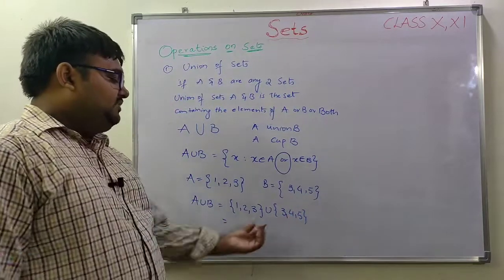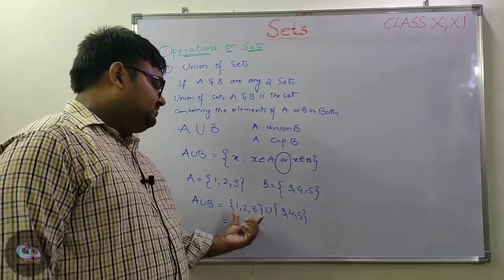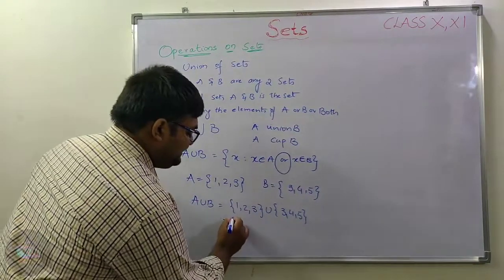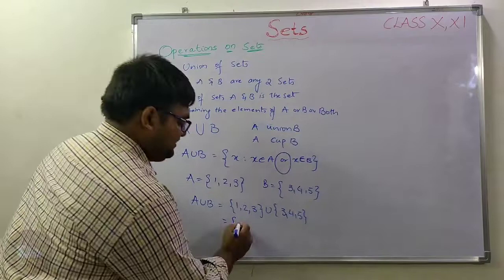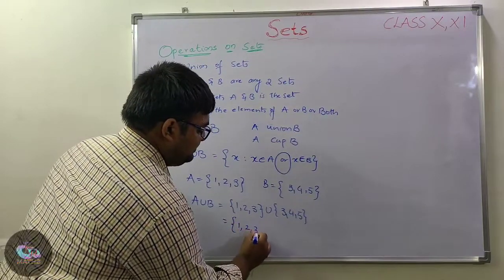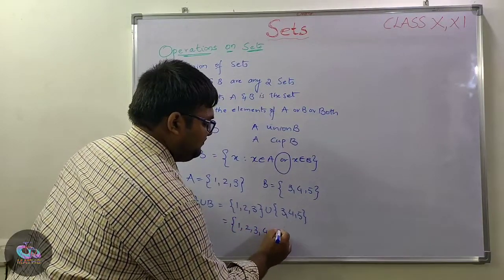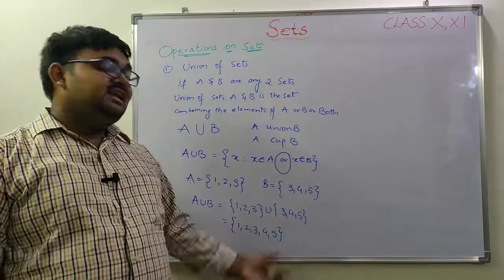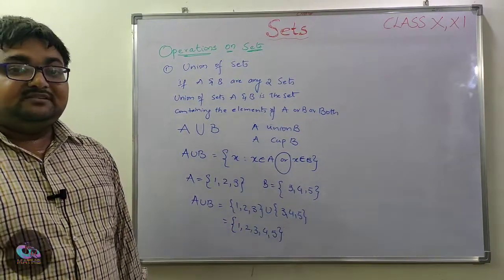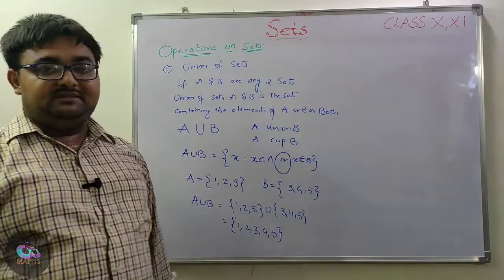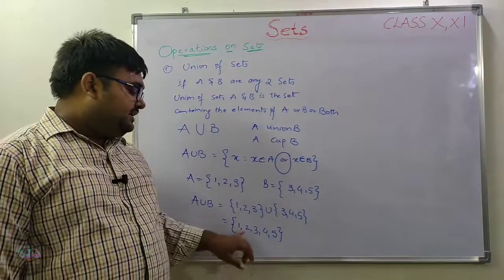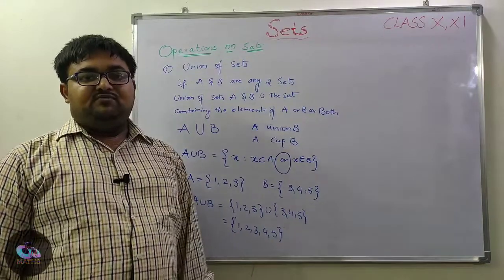So when we apply the operation of union, these two sets combine together to form a single set which is nothing but 1 2 3 4 5. Already we know that when you are having the same element we should not repeat it in the set. So this particular representation A union B is given by set of 1 2 3 4 5.